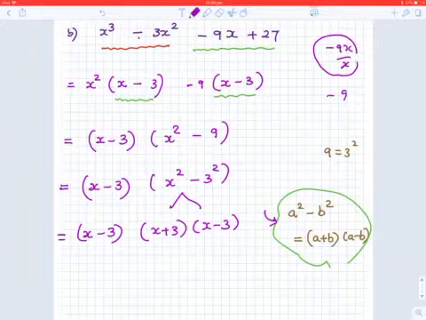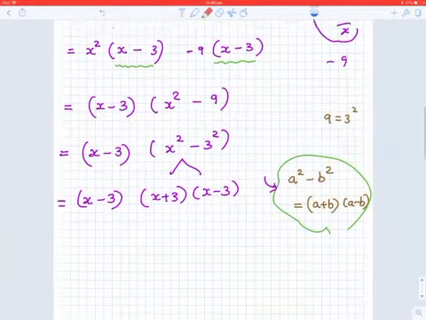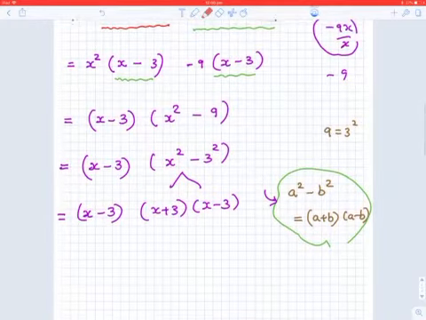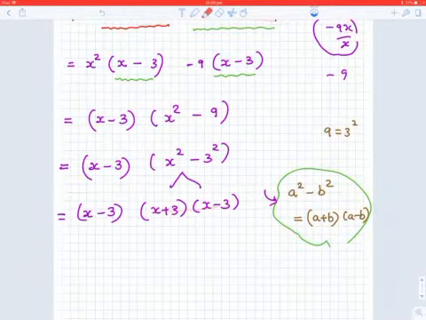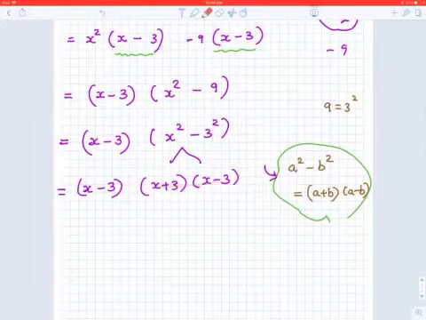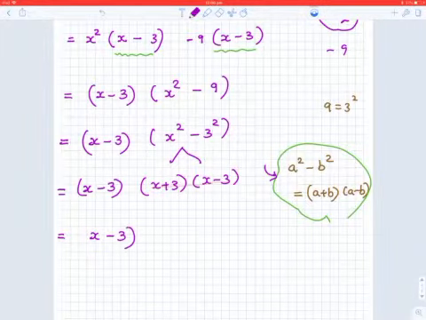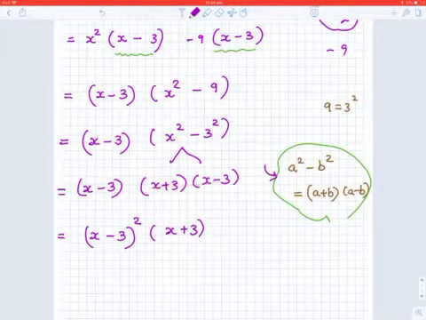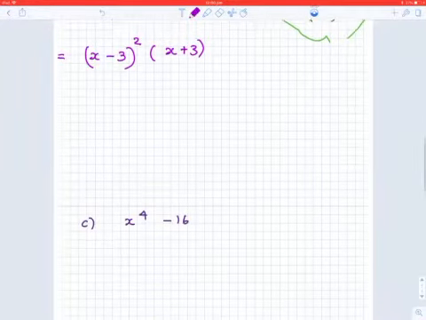Therefore x power 3 minus 3x squared minus 9x plus 27 can be factorized as x minus 3, x plus 3 and x minus 3. So you can leave it like that, or you can write one more line, x minus 3 squared because there are two terms, times bracket x plus 3. So that completes the question.